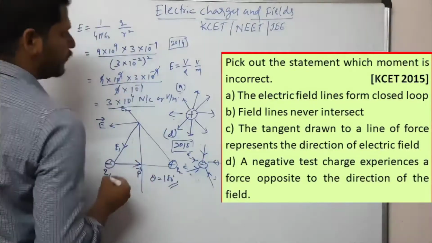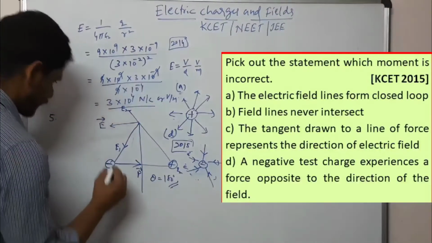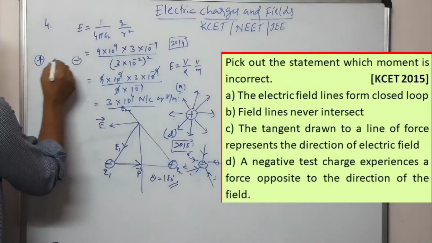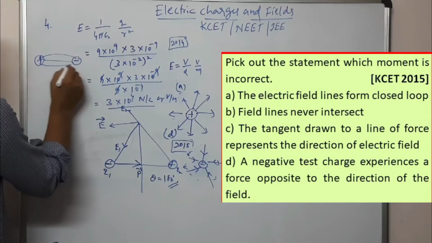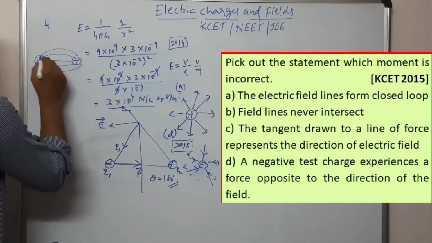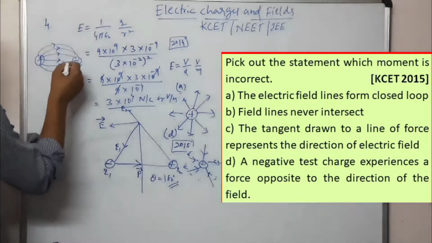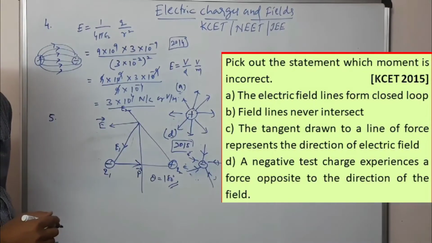If you take a positive and a negative charge, the electric field lines are like that. They diverge from the positive charge and converge towards the negative charge.